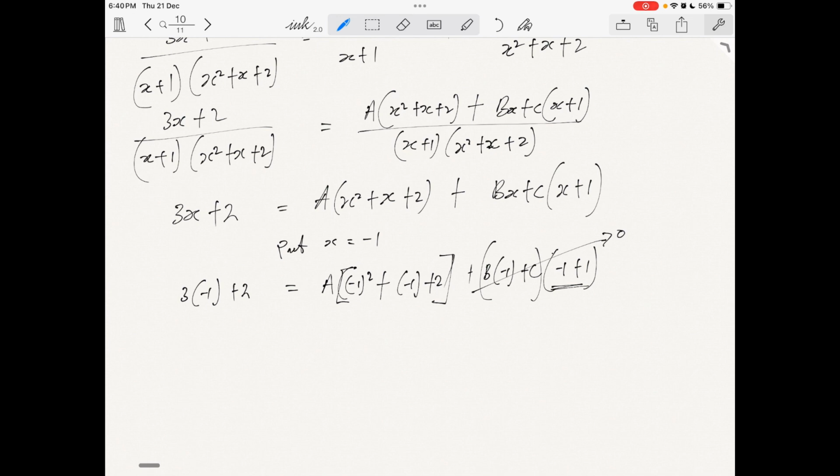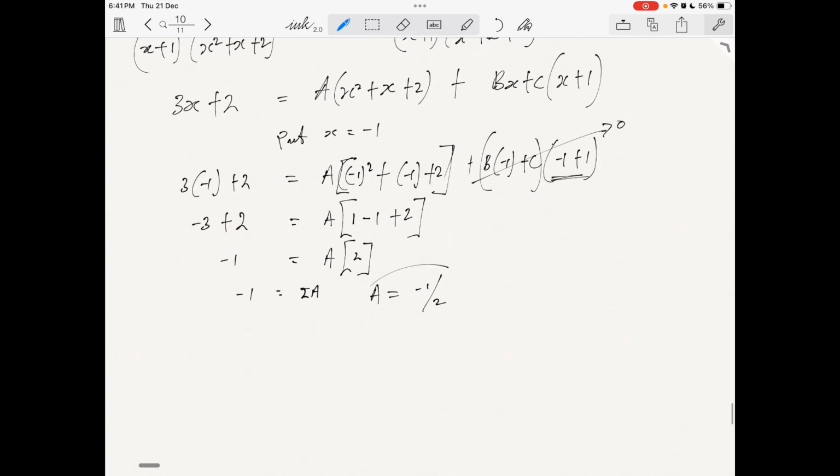All I have to do is evaluate my A. So I have -3 plus 2 equals a into (-1 squared is 1, plus -1 plus 2), which gives -1 equals a into 2. So -1 equals 2a, and my a will be equal to -1/2.